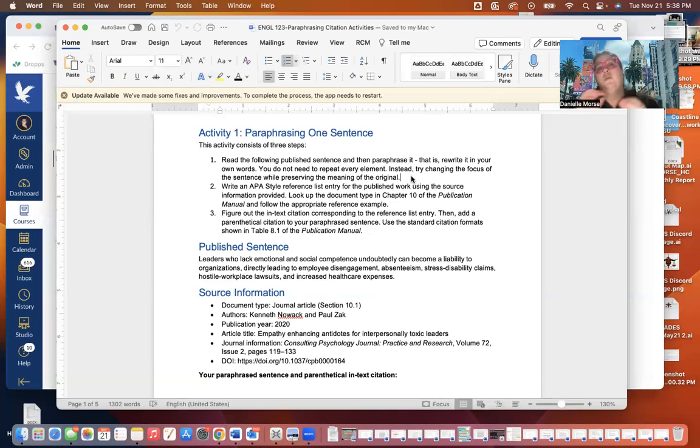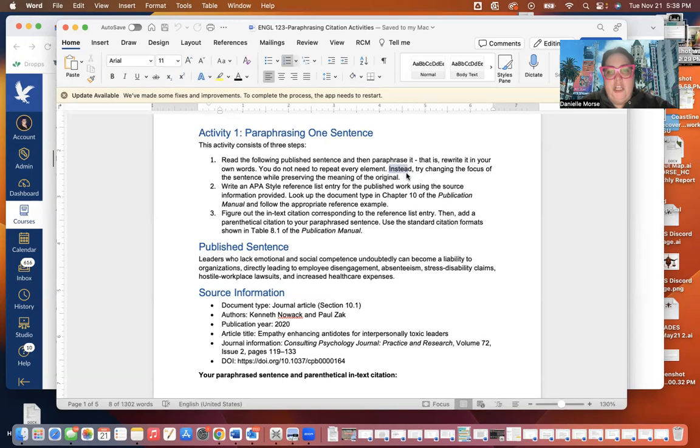It's not that every single word needs to be different, but it should be written in your own writing and should be different enough from the actual source material. But like this says, you don't need to, and oftentimes there are a lot of times where you have to include some things from the source material because there's no other way to say it.